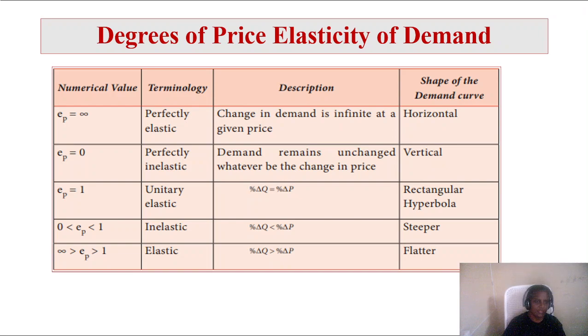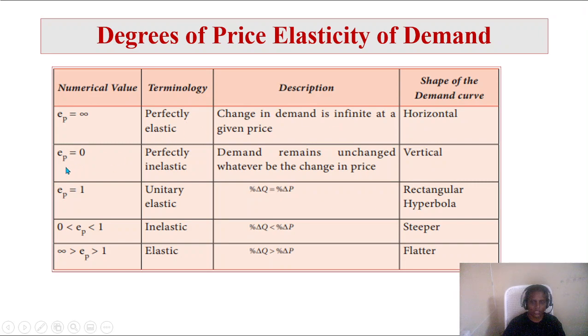The first column indicates the numerical value, then terminology, description, and shape of the demand curve. If the price elasticity of demand is infinity, it indicates a perfectly elastic demand, where the change in demand is infinite at a given price, and the shape of the demand curve is a horizontal one, as we have seen.